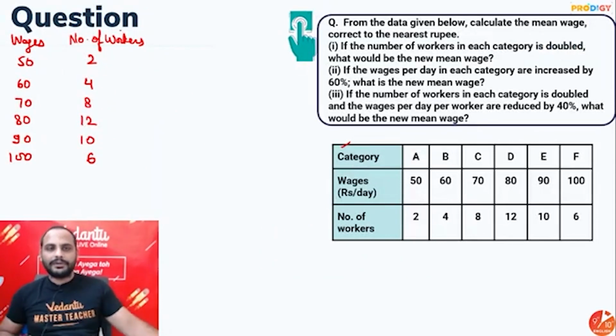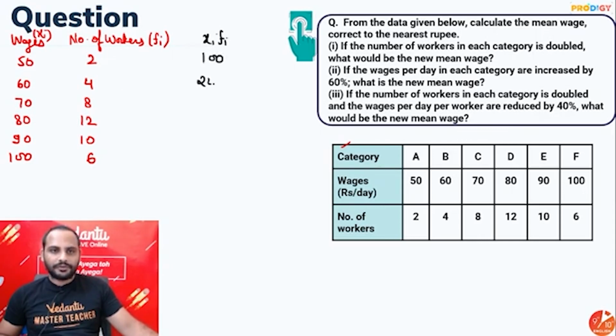Okay, so same thing we'll be doing over here, guys. As you can see, this is your xi, this is your fi. So let's multiply xi into fi. 50 into 2 is 100, 60 into 4 is 240, 70 into 8 will be 560, 80 into 12 is 960, 90 into 10 is 900, and here 600.